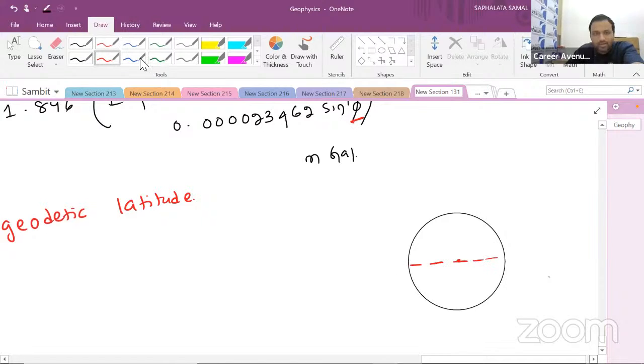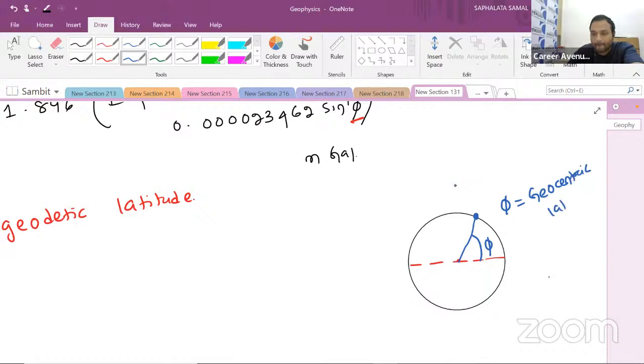Suppose somebody is at this particular position. I will draw a line from this position to the center, and I will find this angle, phi. This phi is called the geocentric latitude. I am connecting a point to the center of the Earth and calculating the angle. That is my geocentric latitude.